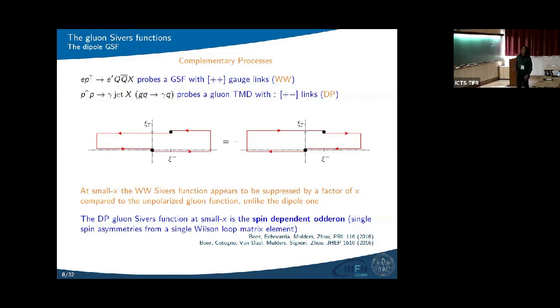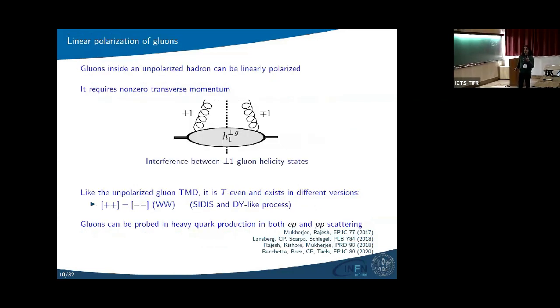So gluons inside unpolarized hadrons can be linearly polarized. And this is so if we consider the transverse momentum of the gluon with respect to the momentum of the parent hadron. Otherwise, it will be zero. It is an interference between plus one helicity state and minus one helicity state in the complex conjugated diagram.